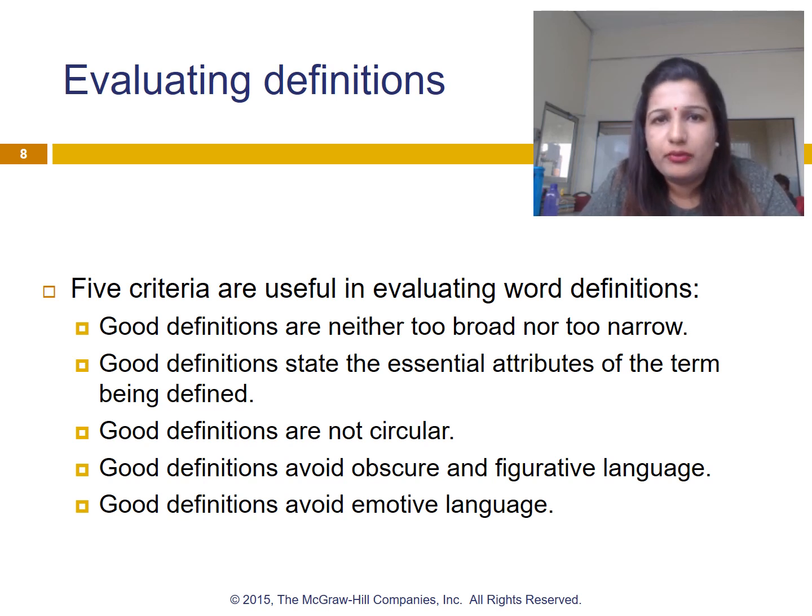So the second point of a good definition: a good definition should always state the essential attributes of the term that's being defined. This is what I was talking to you about earlier. You have to tell us what it is, in what category it belongs, the being of it, and how it can be used, for example. Then it's quite clear.